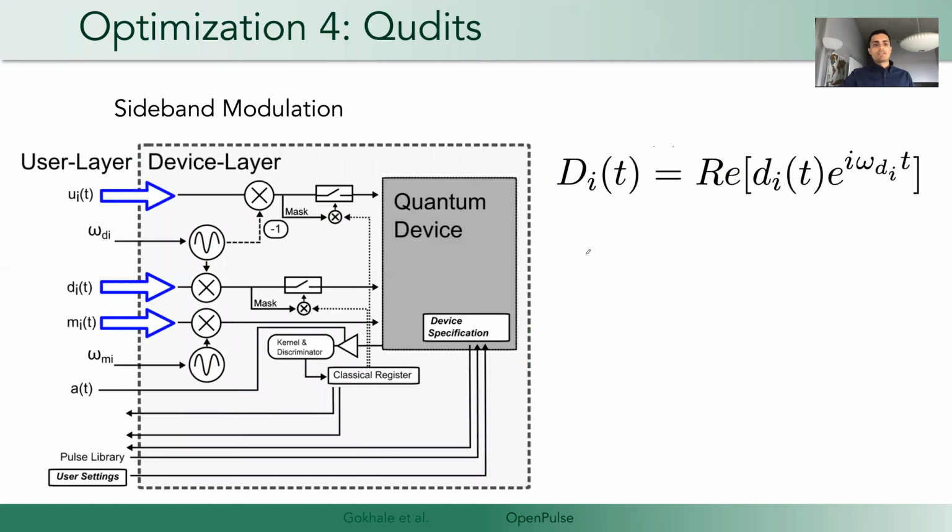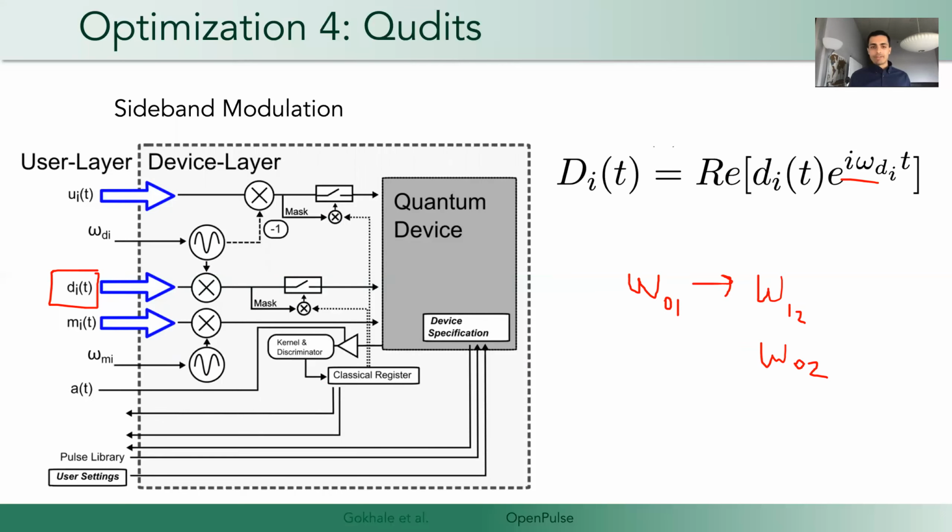And using something called sideband modulation, what we're able to do is basically apply a user level drive that takes the qubit frequency, which is this omega 0-1, or in this case, omega D1, and effectively transform it into omega 1-2 or into omega 0-2.